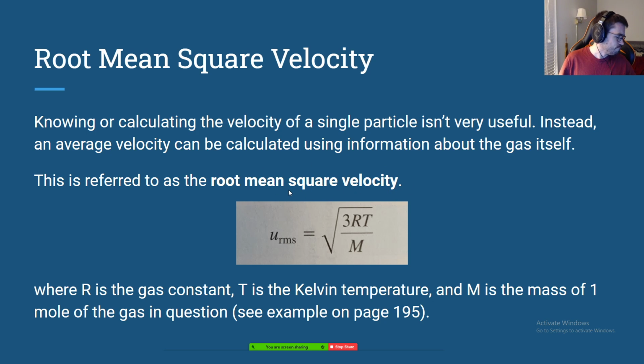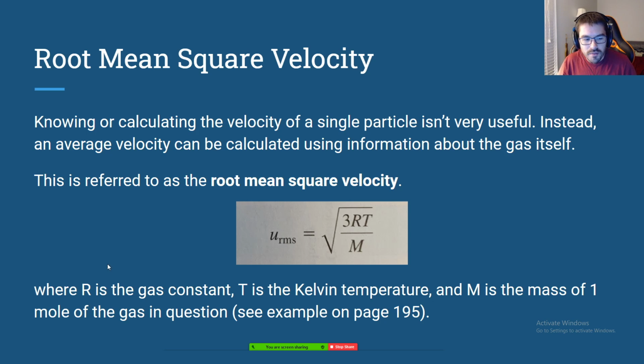There are some equations and derivation in the chapter, on page 194, some fancy math that you don't need to know, that arrives at this equation here. The root mean square (RMS) velocity, which is the letter u for some reason, is equal to the square root of 3RT over M.